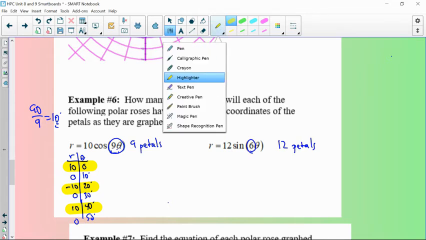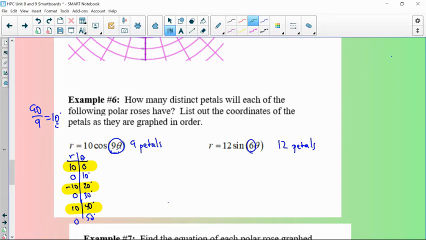If I needed to list out all of the petals for this particular example, I could. The radius would be 10 at 0 degrees, then negative 10 at 20 degrees, then positive 10 at 40 degrees, and then negative 10 at 60 degrees.